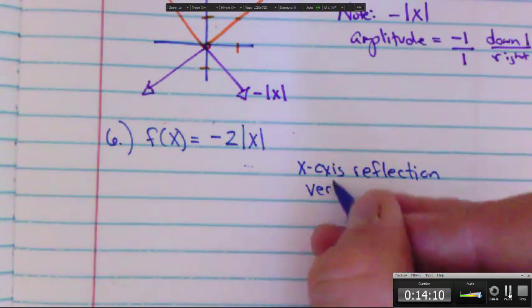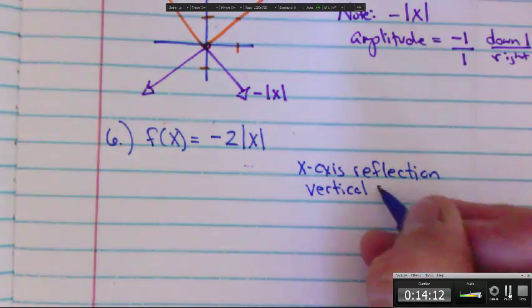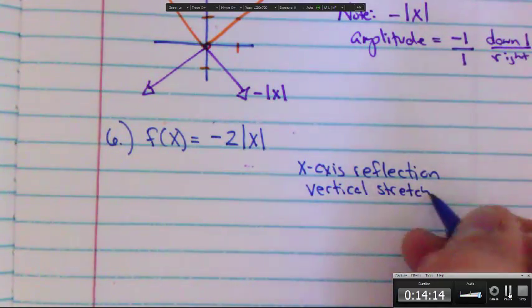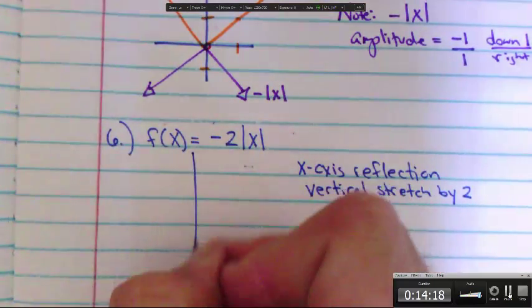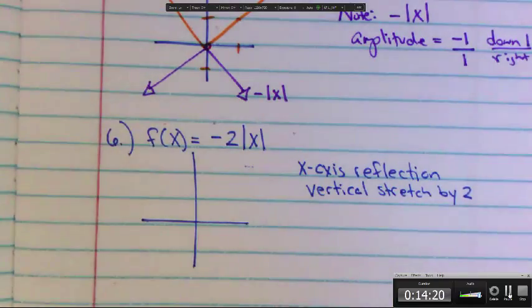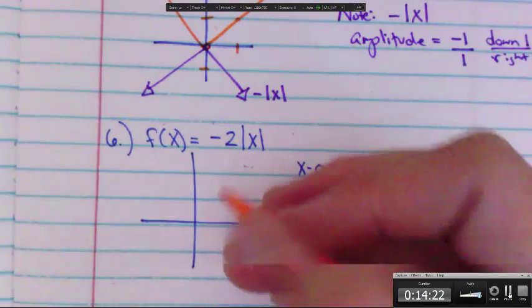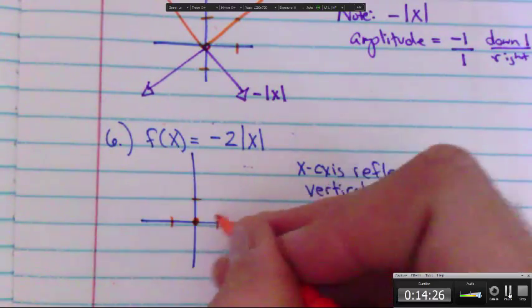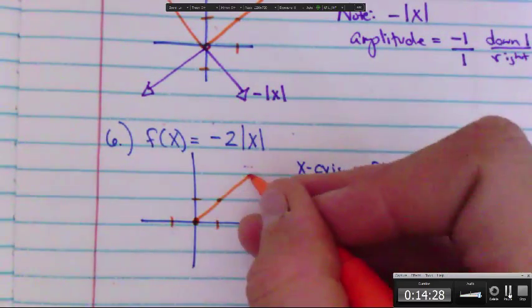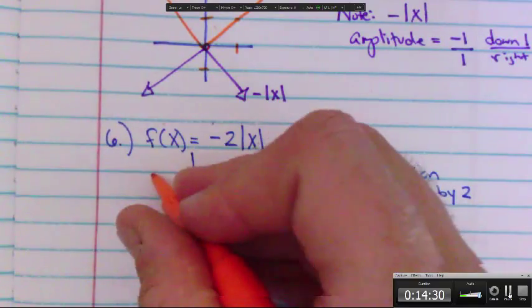It being multiplied by 2 represents a vertical stretch by 2. So if we were to graph this, we have the original function, which starts at the origin, up 1, right 1, up 1, right 1.